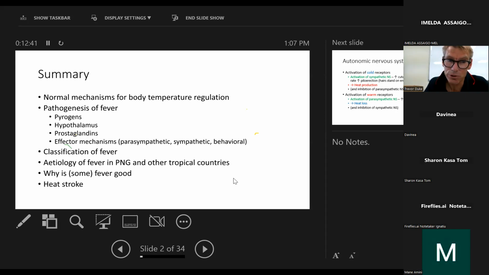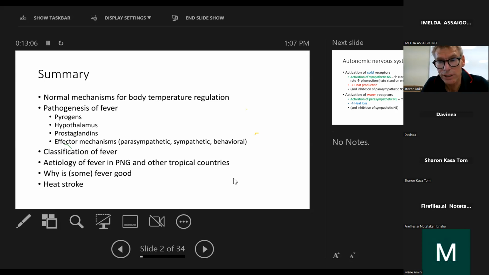We'll talk a bit about prostaglandins because they're the mediators of fever. And also we'll talk about some of the effector mechanisms of fever, like the parasympathetic and sympathetic nervous system, because they influence whether we can mount a good response to fever or whether we can't. So we'll talk about those things in terms of the biological basis for fever.